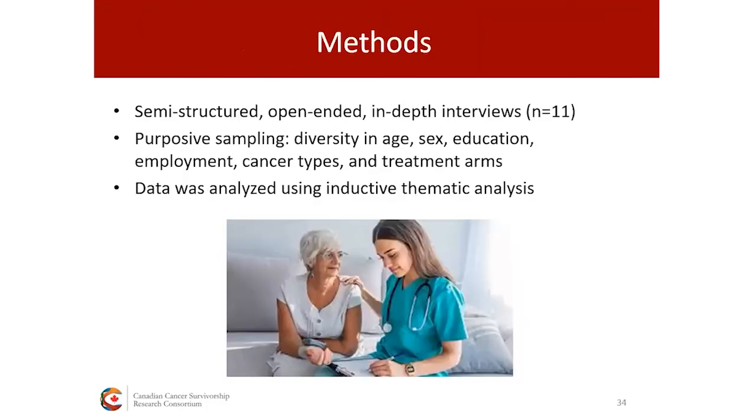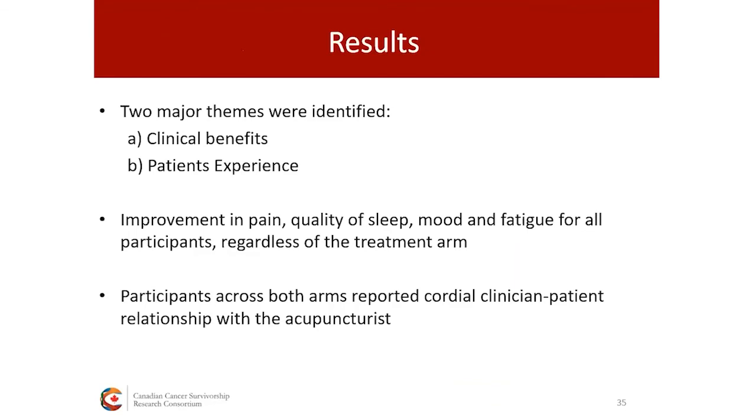Semi-structured interviews were conducted with about 11 people, selected through purposive sampling to achieve diversity in age, sex, education, employment, cancer types, and treatment arms. The data was analyzed using inductive thematic analysis or content analysis. The major overall themes were classified into patient experience in the individual versus group arm and the clinical benefits achieved across both arms.